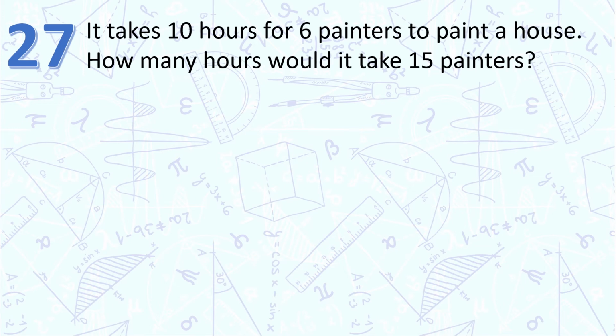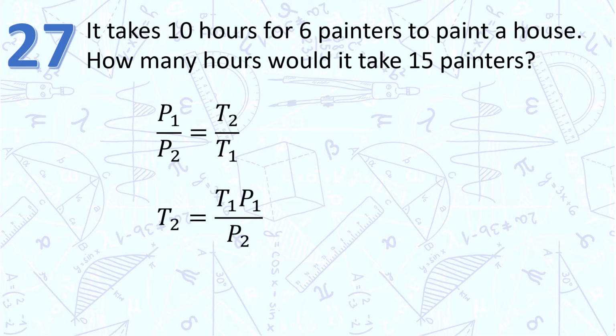Next number. It takes 10 hours for 6 painters to paint a house. How many hours would it take 15 painters? This is an example of an inverse proportion. So we have P sub 1 over P sub 2 equals T sub 2 over T sub 1, where P is the number of painters and T is the time.